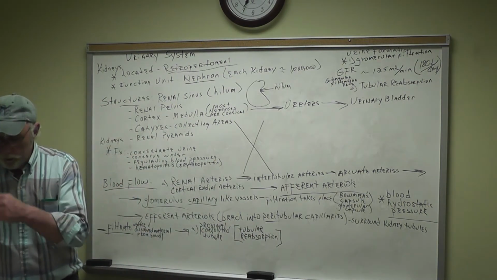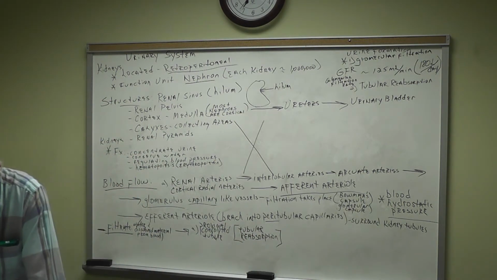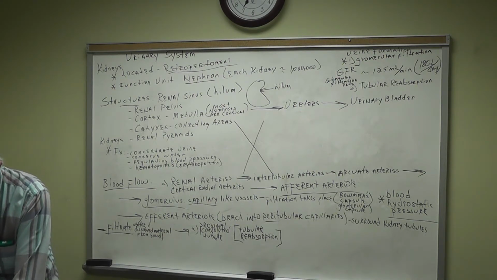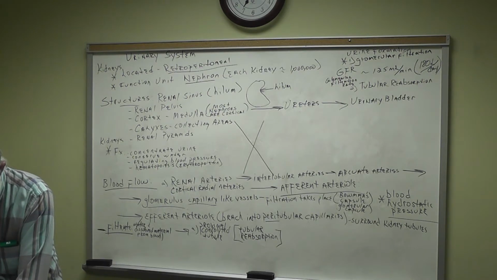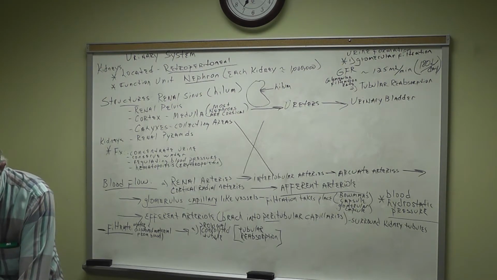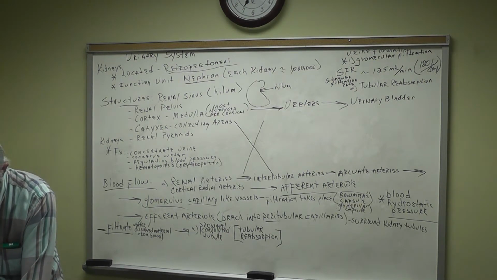Sugar, potassium, calcium, magnesium, chloride, bicarbonate, sulfate, phosphate, and so forth. Glucose, urea, and uric acid. Now these are byproducts. Urea is a byproduct of amino acid metabolism.